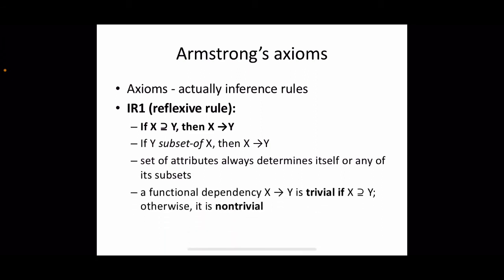It's a trivial thing, right? So this functional dependency X determines Y is trivial if Y is a subset of X. Other types of functional dependency X determines Y are called non-trivial functional dependency.